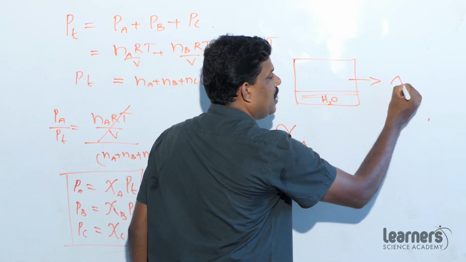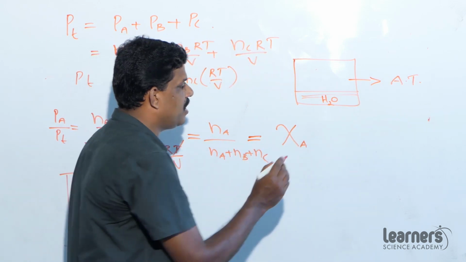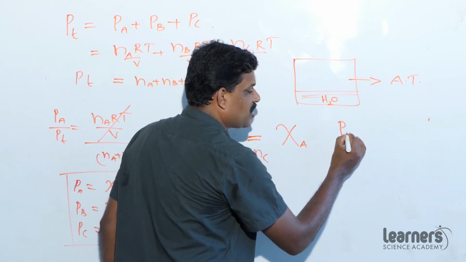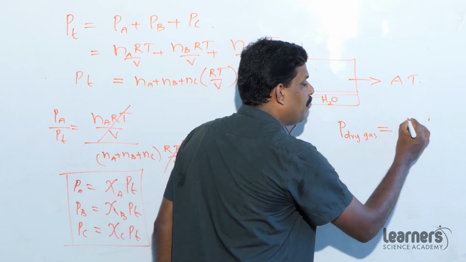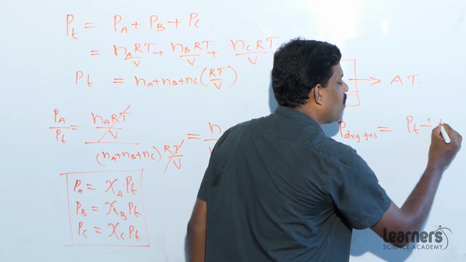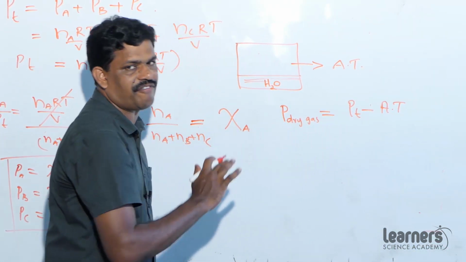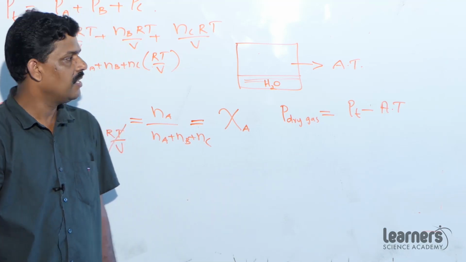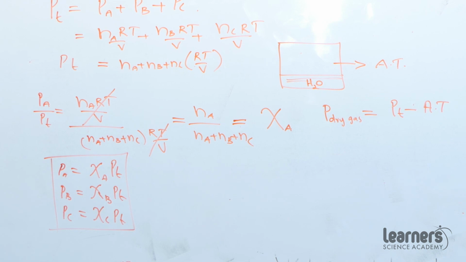Water pressure is so called aqueous tension. So to find out pressure of dry gas, what we have to do is P total minus aqueous tension. Aqueous tension is to be deducted from total pressure. One more thing you have to remember related with Dalton's law is that one.